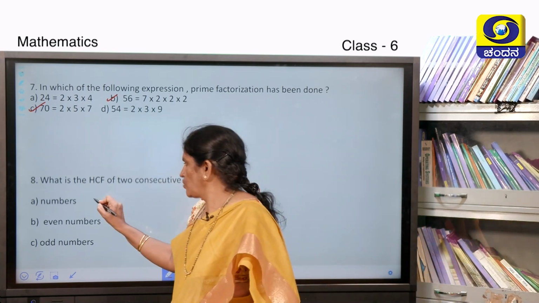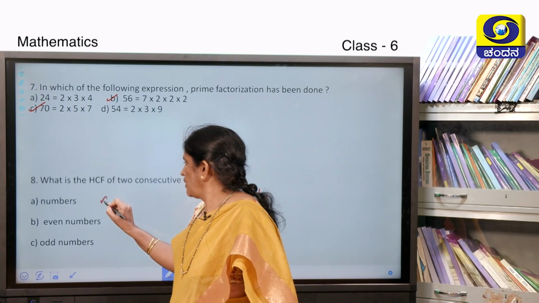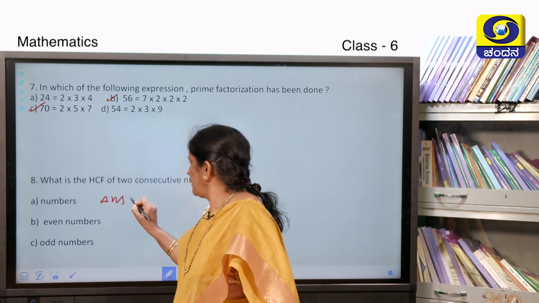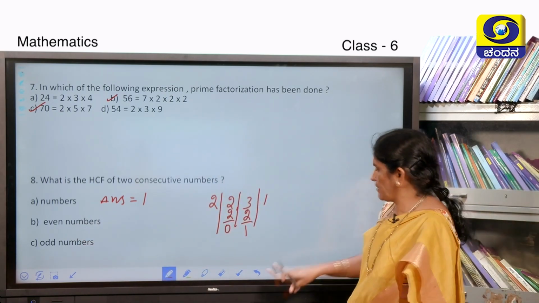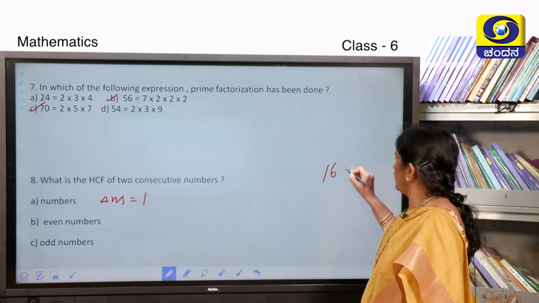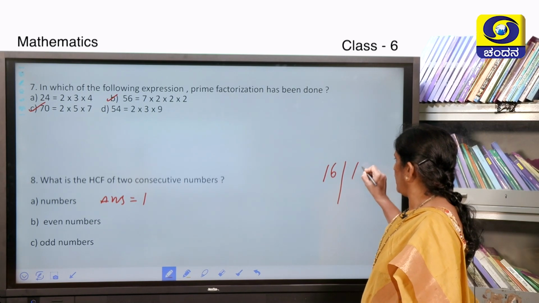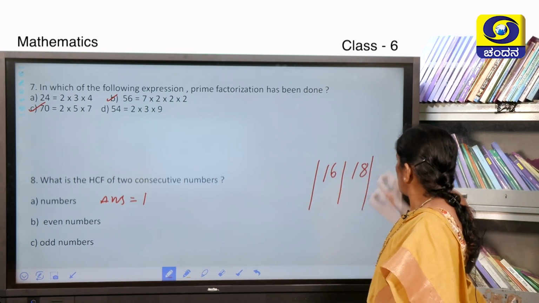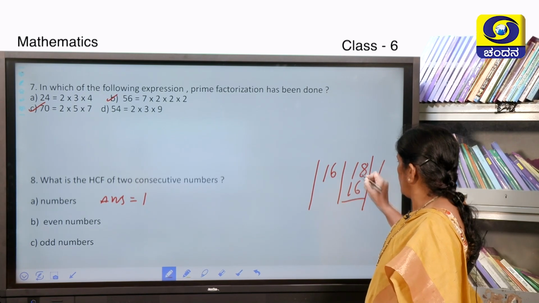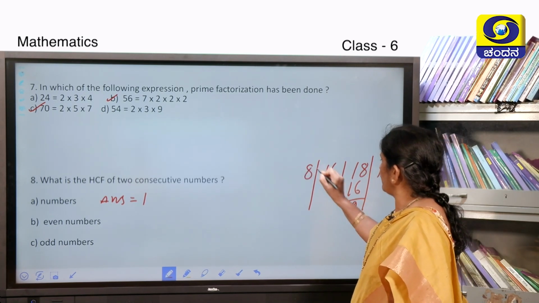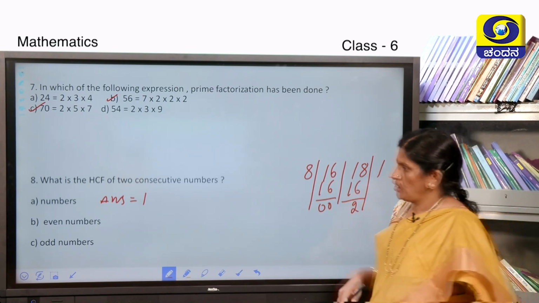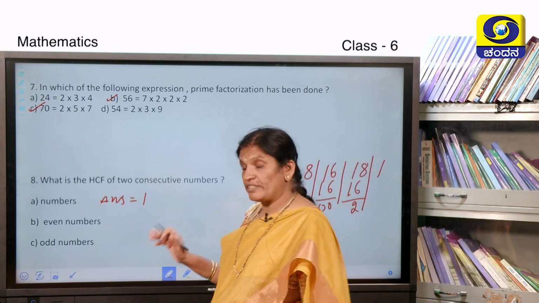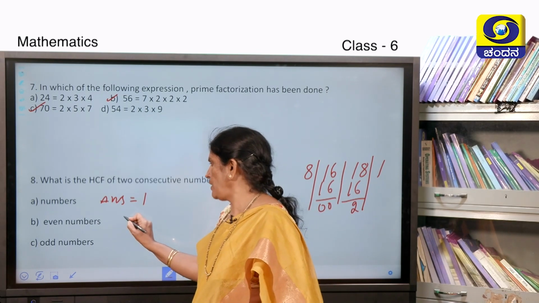So, the answer here is 1. Even numbers, let me take 16 and 18. 16 1s are 16, remainder 2, 2 8s are 16, remainder 0. So, HCF is 2. If you take any two consecutive even numbers, the HCF will be 2.